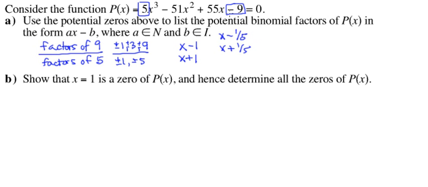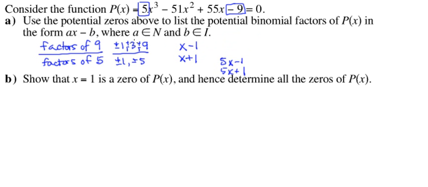Now, that's how I would normally write them if I were trying to go fast, but unfortunately, they want b to be an integer, and 1/5 isn't. The way you have to fix this is multiply both of these by the common denominator, 5, and turn them into 5x minus 1 and 5x plus 1. I don't like writing factors like this, but that's what they want, so fine, we'll deliver. So that takes care of that factor.